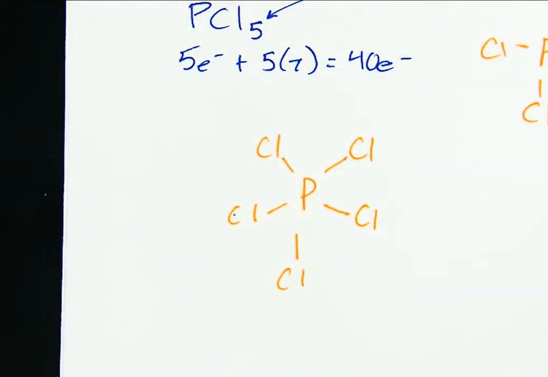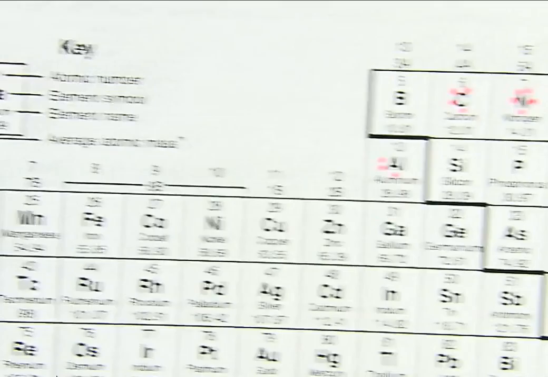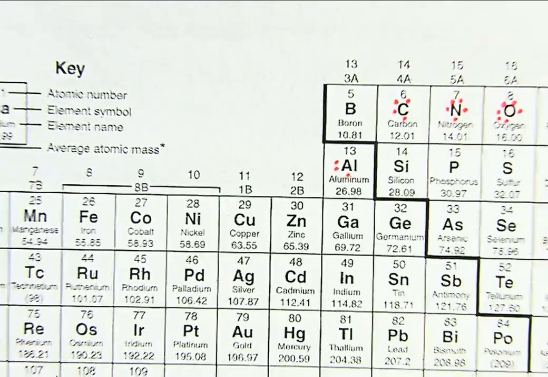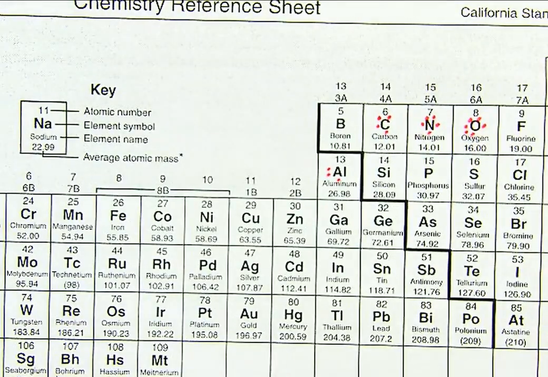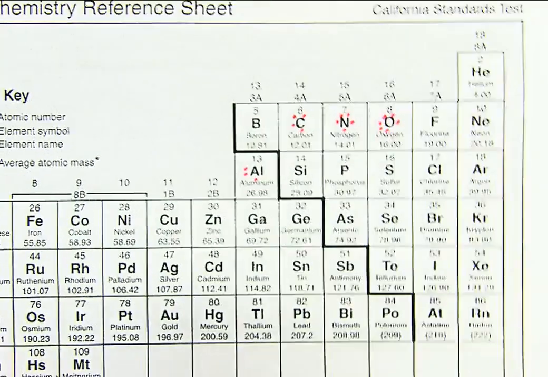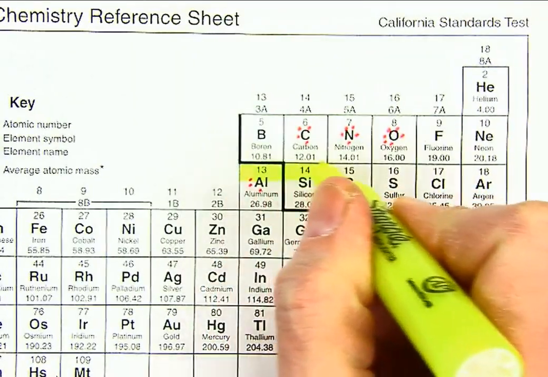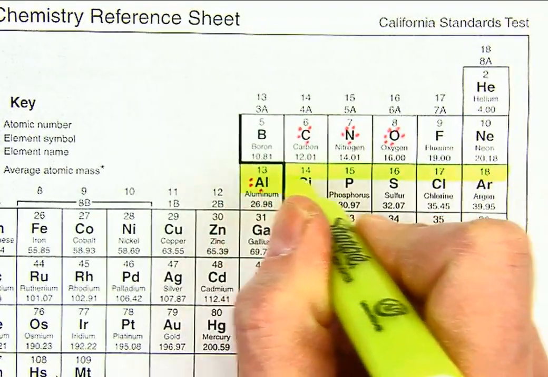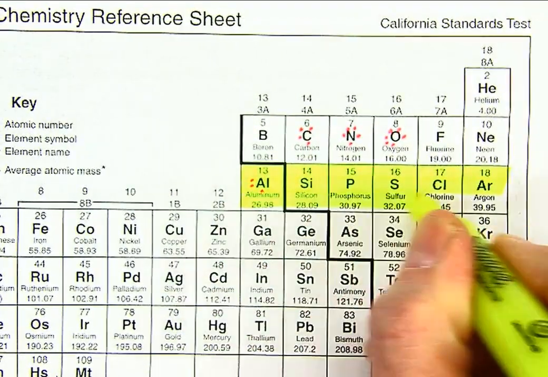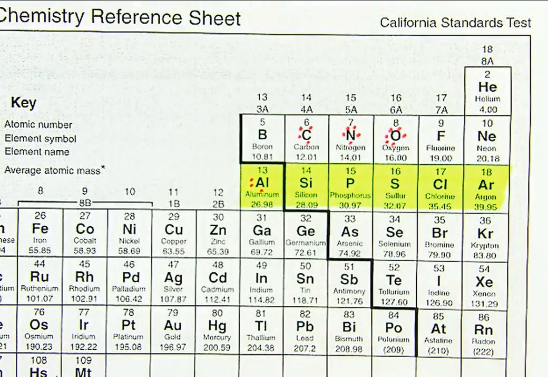Now, the reason behind that is a little complicated for us, but we can at least address the idea that when we have the periodic table here, a little bit of chemistry for you, these atoms here also have a d orbital available. That's not true with the ones above them.